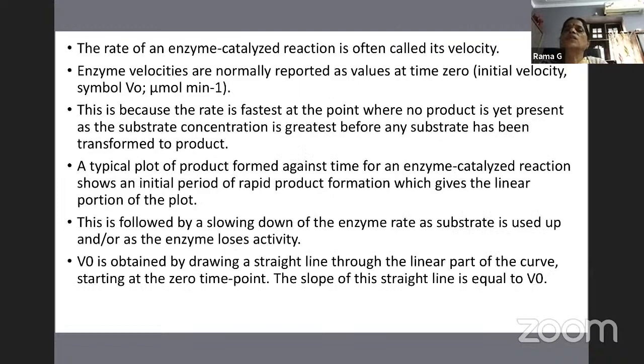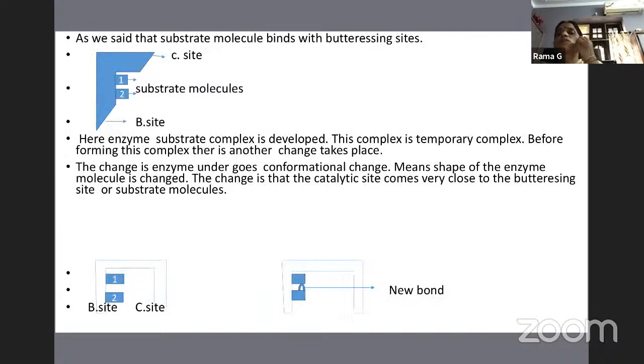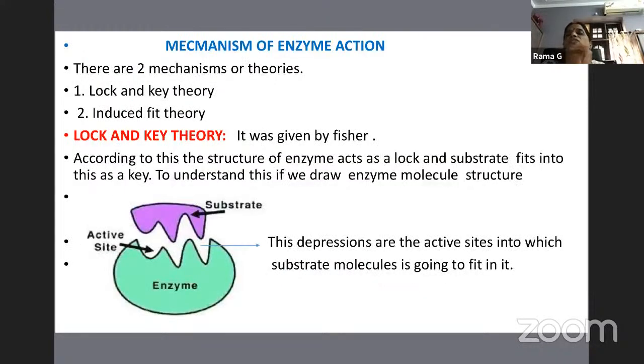So here, the proposals on the mechanism of enzyme action are three: one is the lock and key theory, the second is the induced fit theory, and the third one is the Michaelis-Menten theory. As you know, the lock and key theory was proposed by the scientist Emil Fischer.